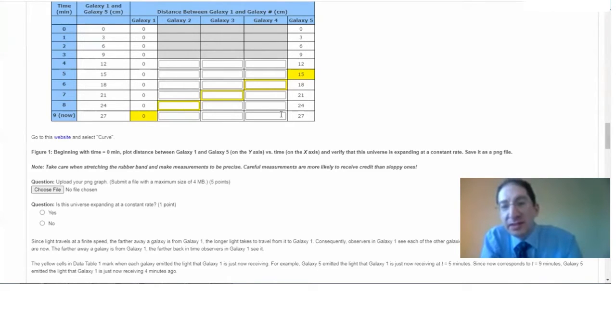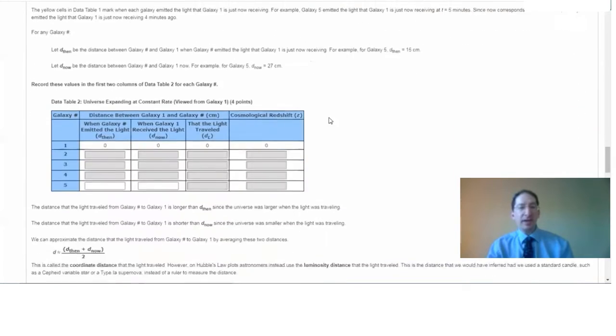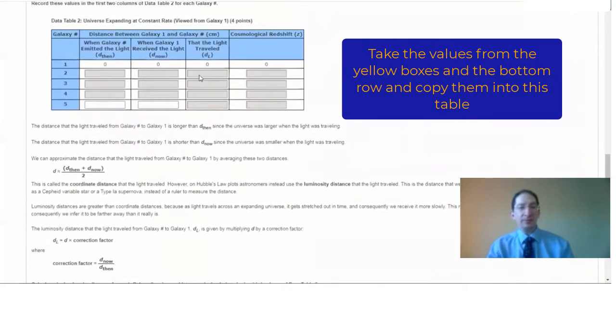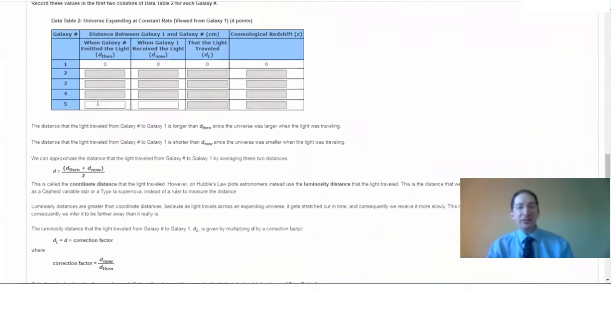So we call these d then for the yellow boxes and d now for the bottom row. And what you're going to do is take these values and copy them into this table here. The d then values from the yellow boxes put in the first column, the d now values from the bottom row put in the second column.